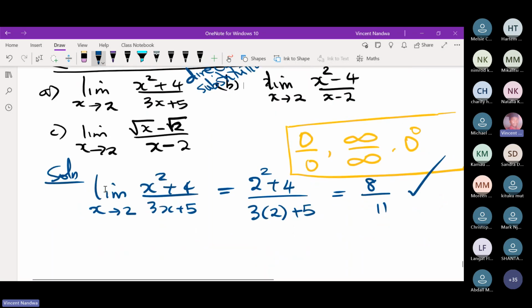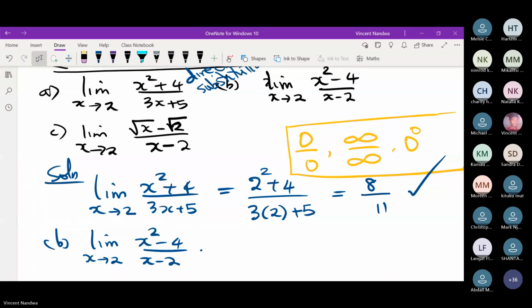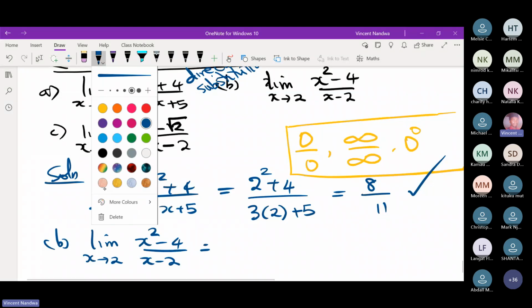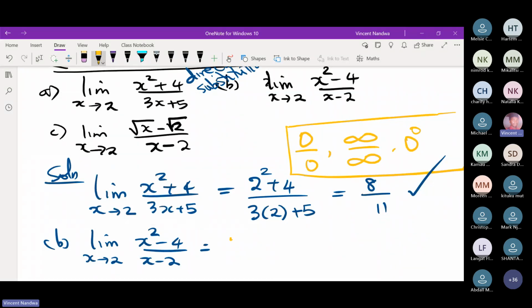Then B, we have the limit as x approaches 2 of x squared minus 4 over x minus 2. Let's see if direct substitution works. So we'll have 2 squared minus 4 over 2 minus 2. What is 2 squared minus 4? 0.